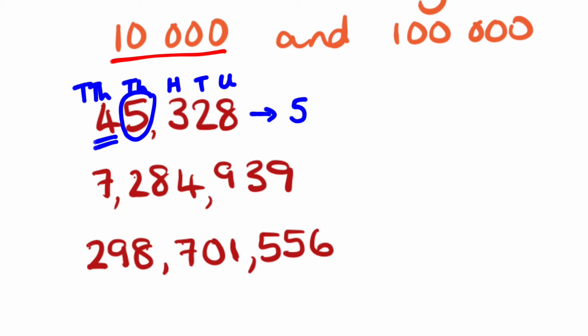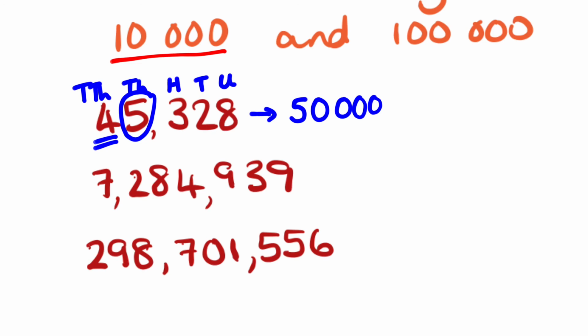So we need to make sure we've got the right number of zeros in. To hold this 5 in the 10,000s column, we're going to need 4 zeros after it, because we've got to have a 0 in each of these 4 columns. So 45,328 is rounded up to 50,000.